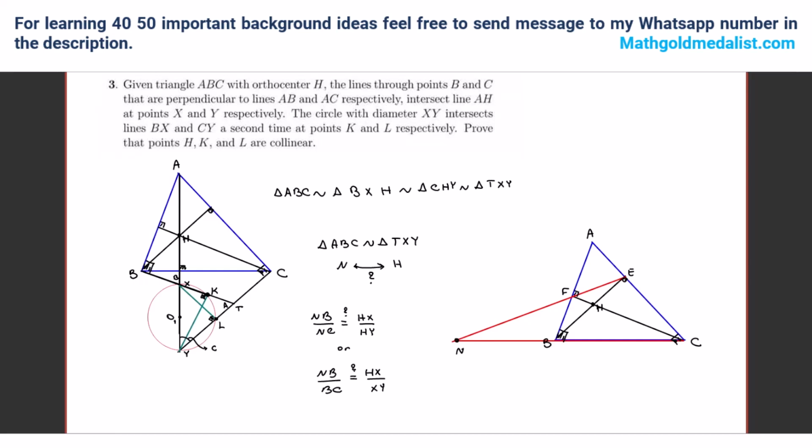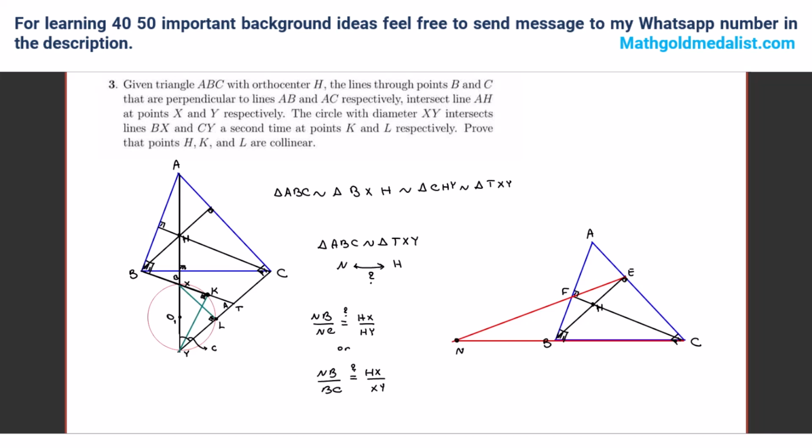And we said something about these things. I told you ABC, TXY are similar, agreed? T was this, XY. So we want to prove LKH are collinear.